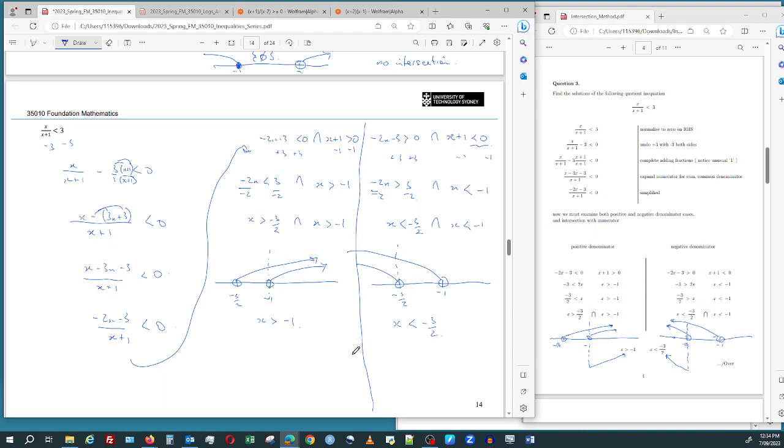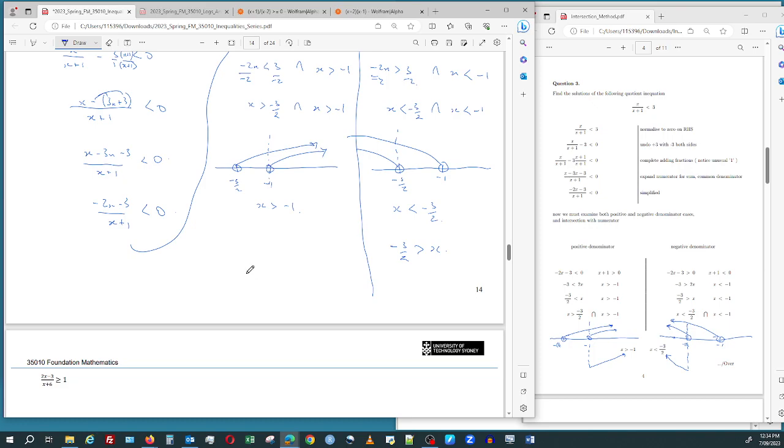So for this particular set of equations, we've established that x is less than minus 3 on 2, and x is greater than minus 1. So what we're going to do is, that's 1.5, I'm going to flip that around. So I'm going to put minus 3 on 2, and now I can join those together.